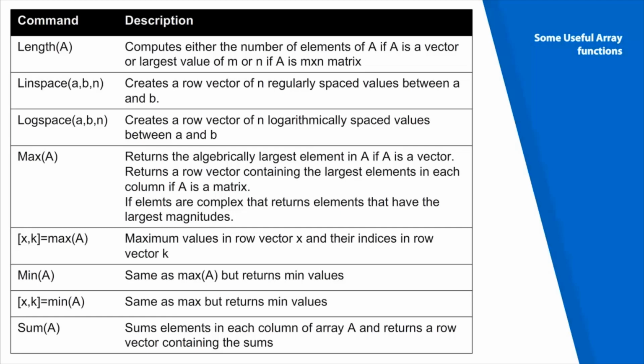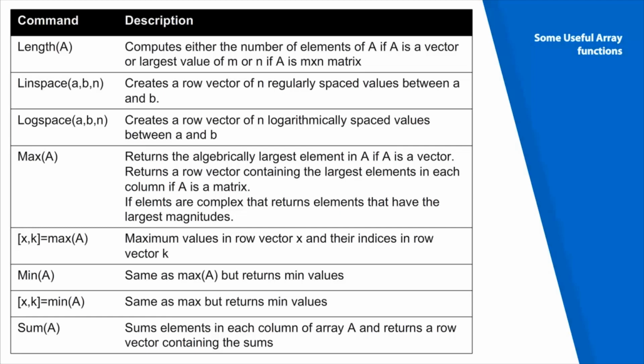Then we have max of A that, for a vector A, returns the algebraically largest element in A. For A being a matrix, it returns a row vector containing the largest elements in each column of A. If elements are complex, then this function returns the elements that have the largest magnitudes.